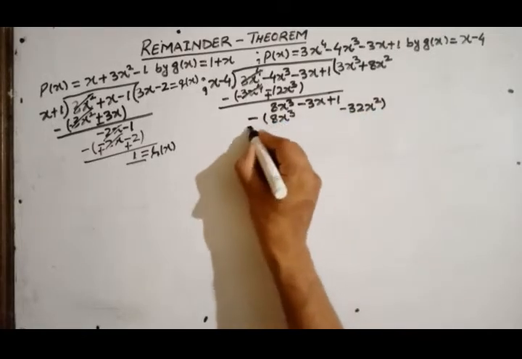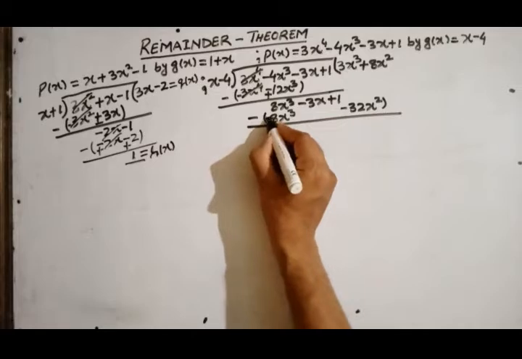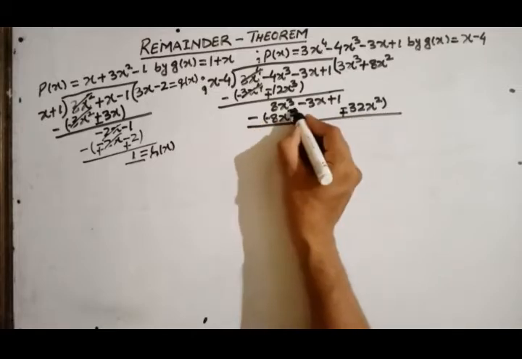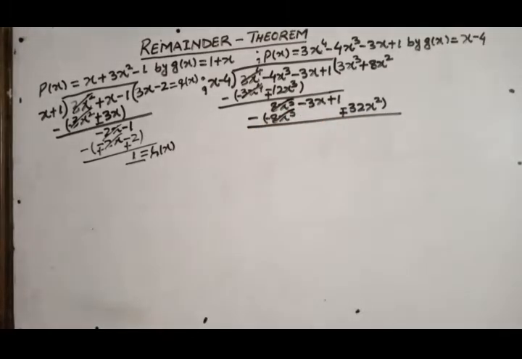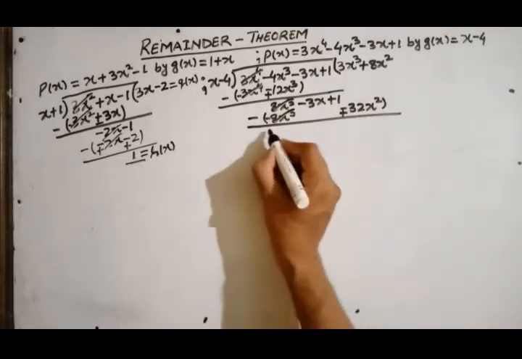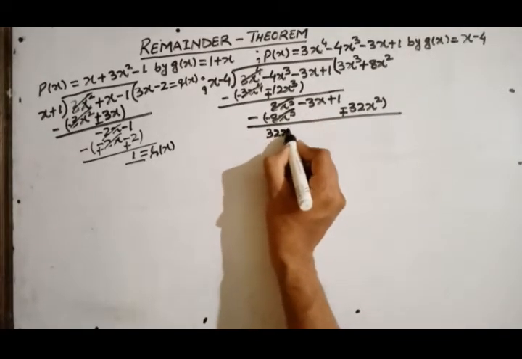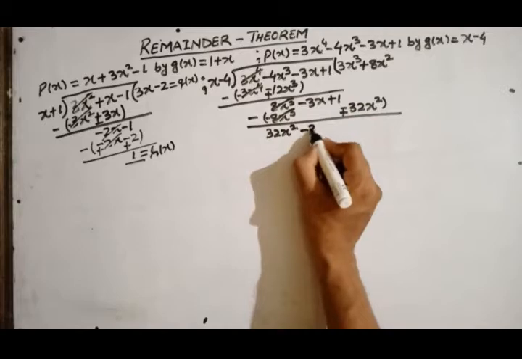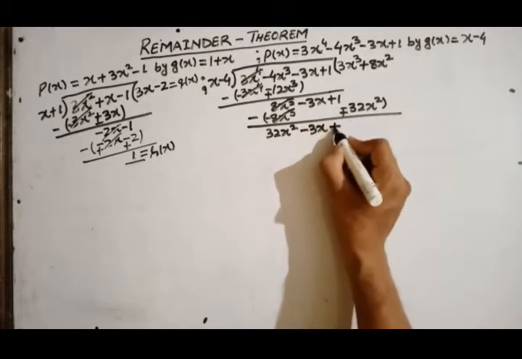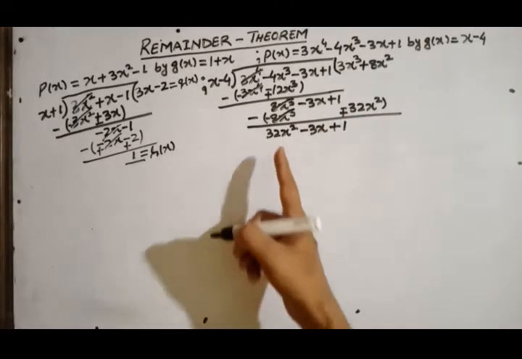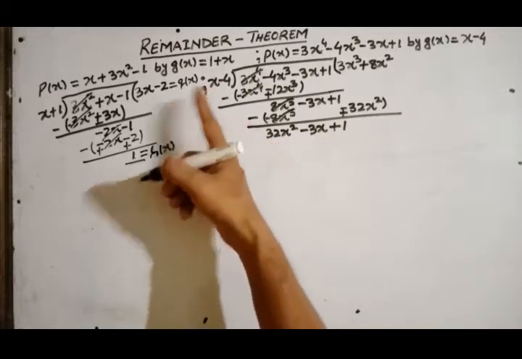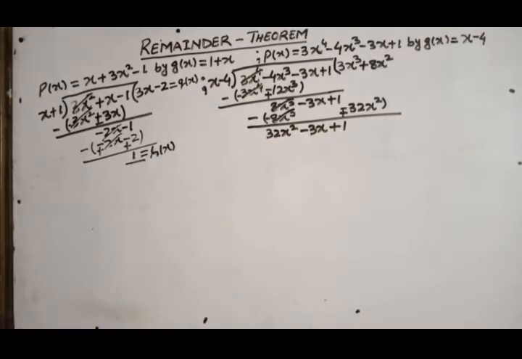On subtraction, 8x cube gets eliminated, remaining plus 32x square minus 3x plus 1.